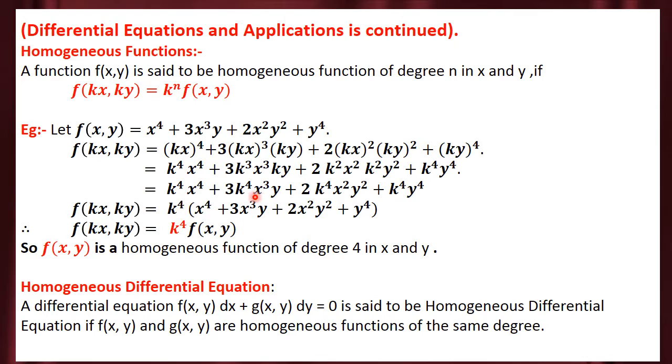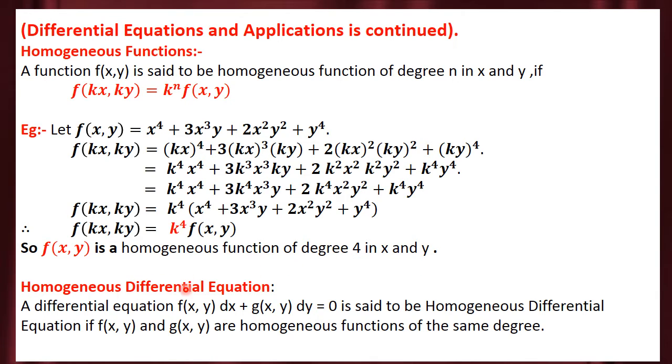So k raised to 4 is common in each term, so k raised to 4 is taken out. k raised to 4 into x raised to 4 plus 3x cube y plus 2x square y square plus y raised to 4. And this bracket is the given function f of x, y, and here k raised to 4, 4 is the degree. So we will say that f of x, y is a homogeneous function of degree 4 in x and y.